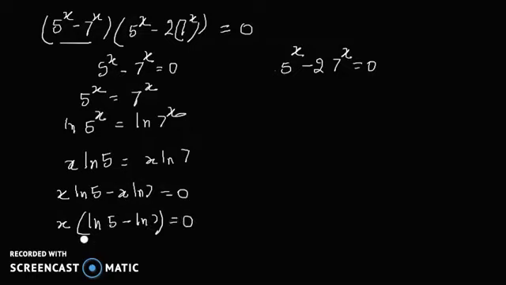Again, for this to become 0, either this has to be 0 or this has to be 0, but ln 5 minus ln 7 cannot be 0, so x equal to 0 is one of our solutions. Hope everything is clear to you so far.